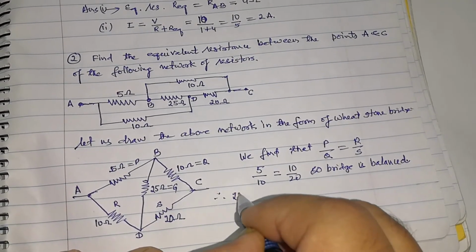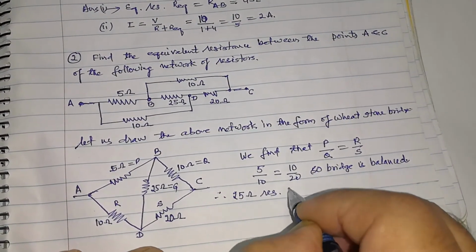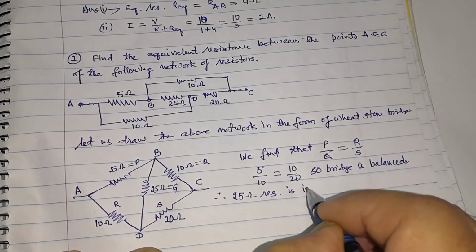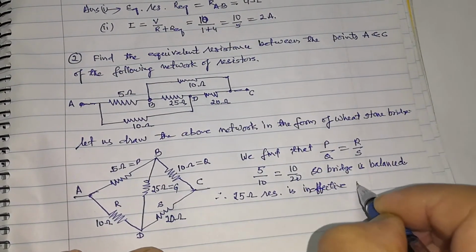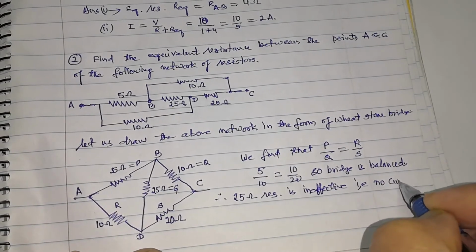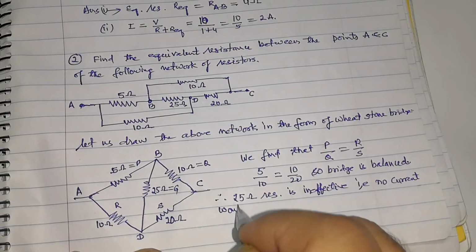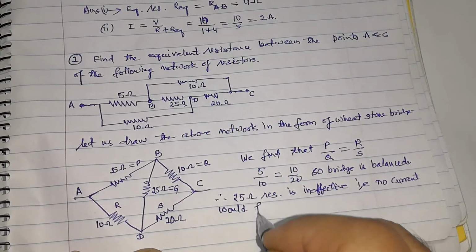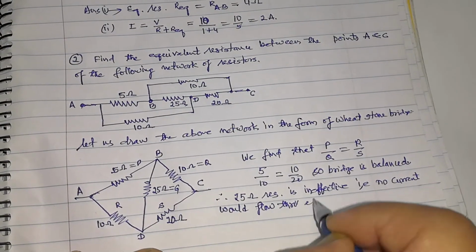Therefore the 25 ohm resistance is ineffective. That is, no current would flow through it.